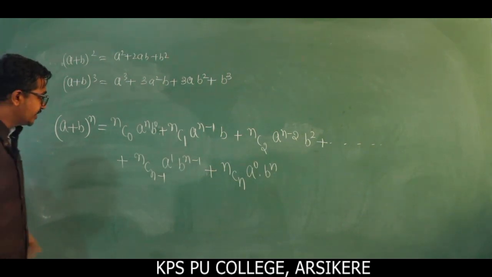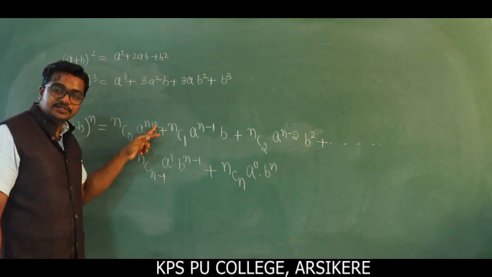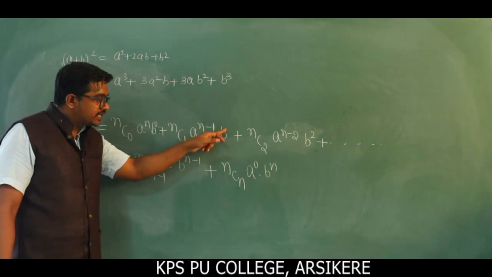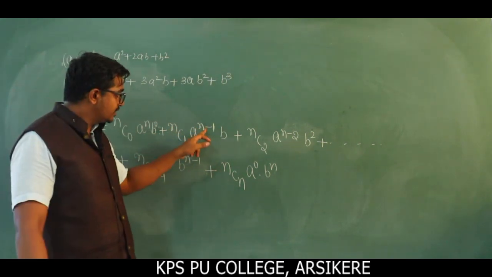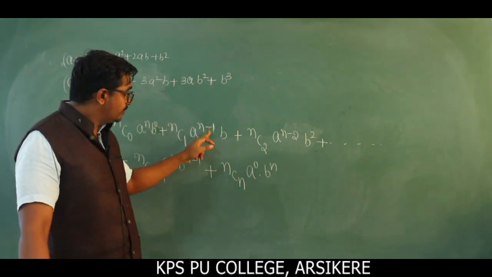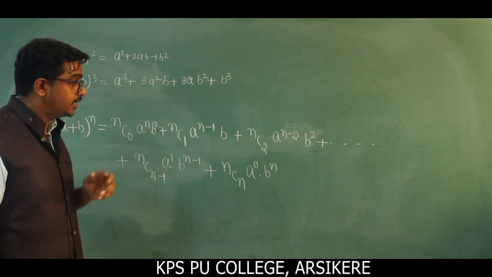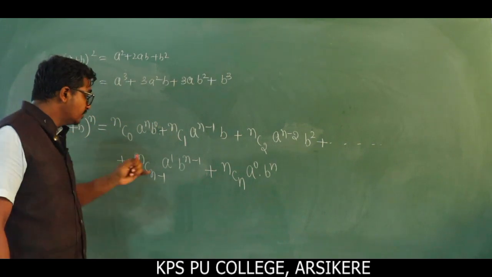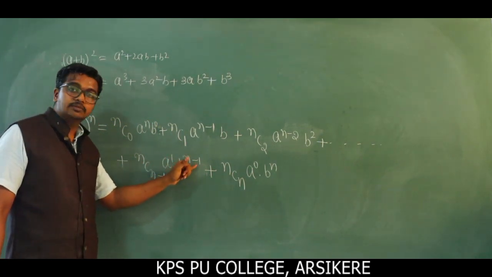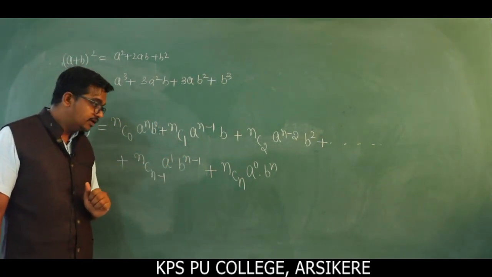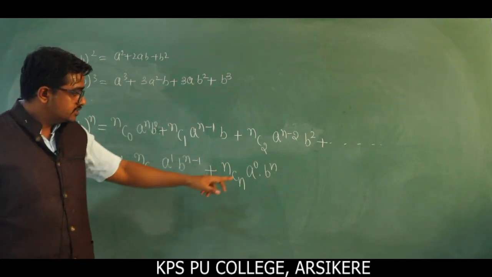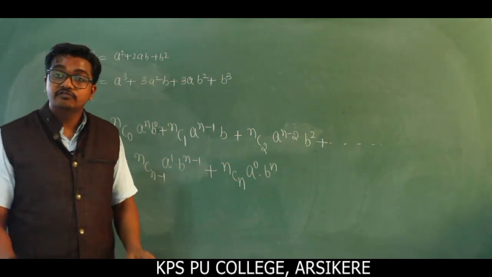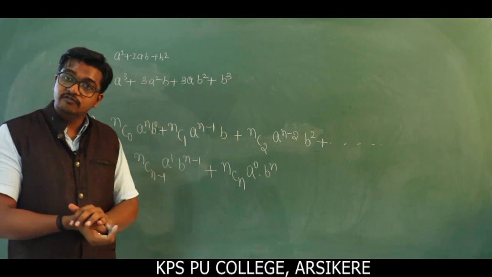Just observe here, n plus 0 is n, n minus 1 plus 1, the power of b is 1, that becomes n. Again n minus 2 plus 2 is n, and so on. Again here also 1 plus n minus 1, plus 1 minus 1 get cancelled, we are left with n there, and in the last term a power 0 into b power n, if you add the powers 0 plus n, we are left with n.